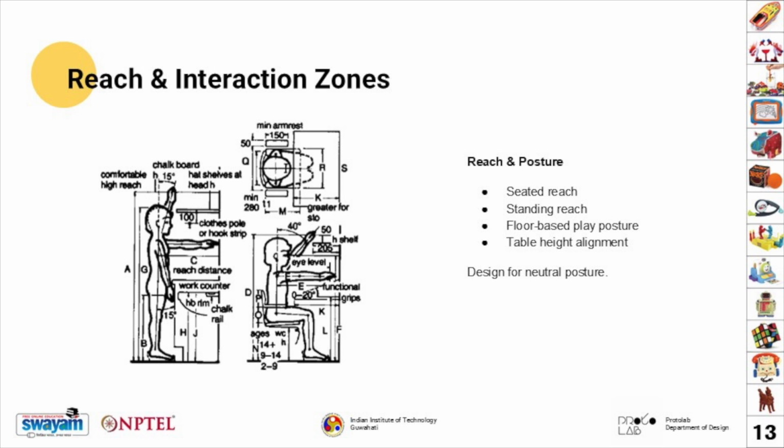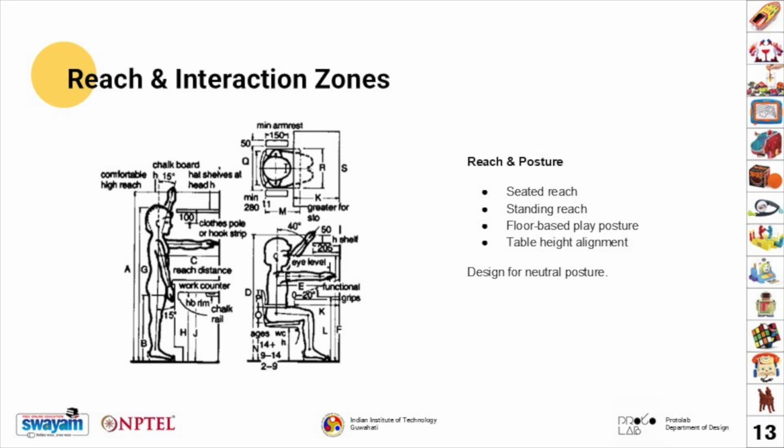Many toys are used seated on the floor or at low tables. Sitting height data shows variation in eye level and shoulder height among preschool children. If toy elements are positioned too high, children elevate shoulders, creating muscle strain.